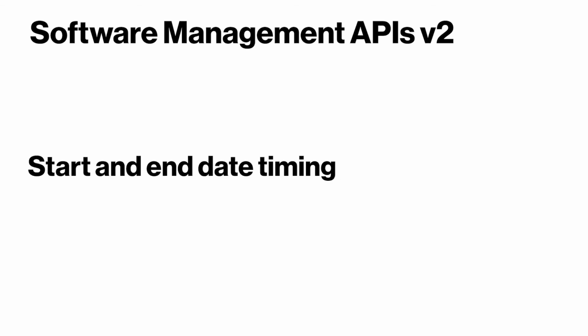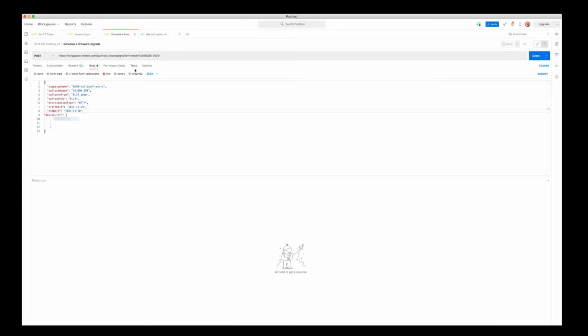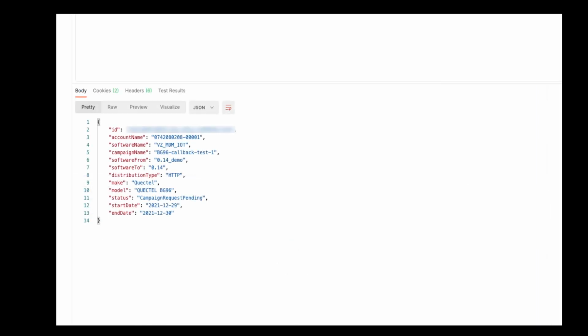For more information on start and end date timing, check out the FOTA documentation page. The callback will display the following information, including the status of the campaign, in this case showing request pending.